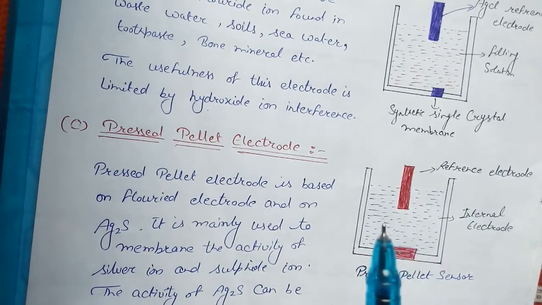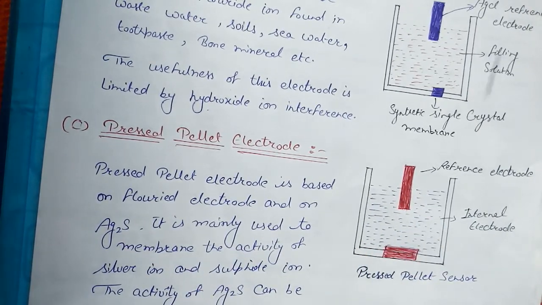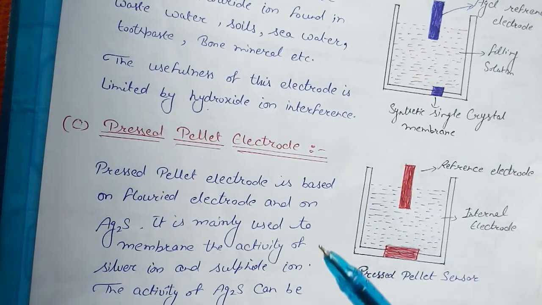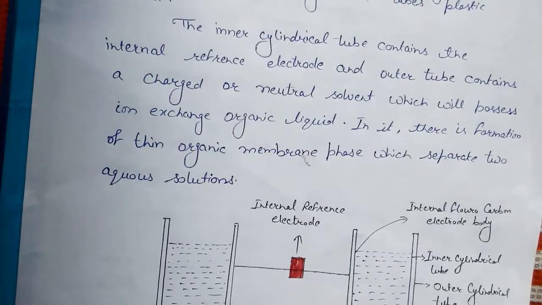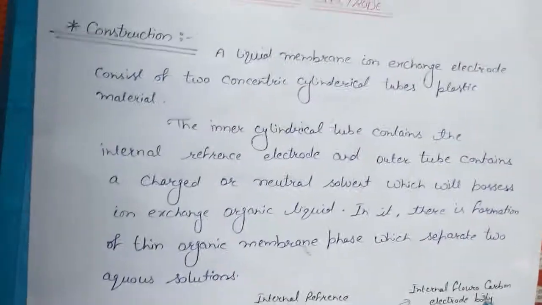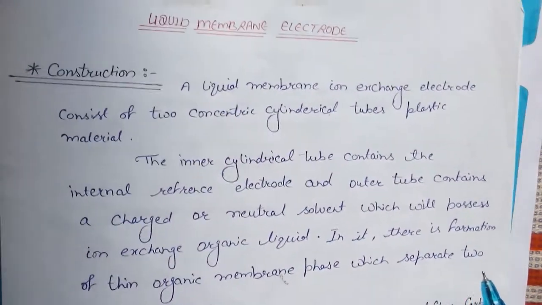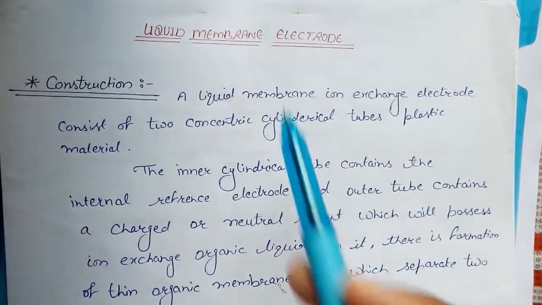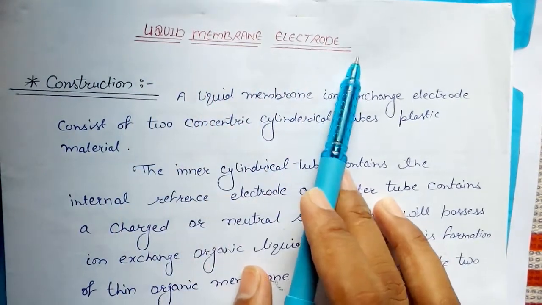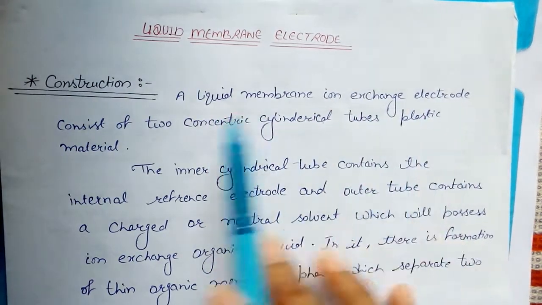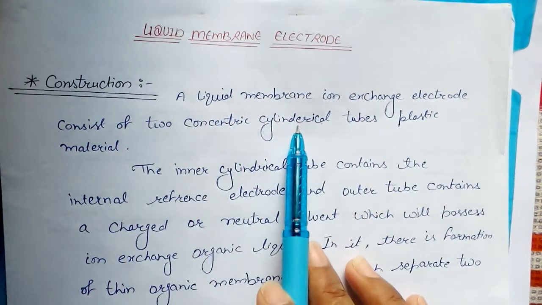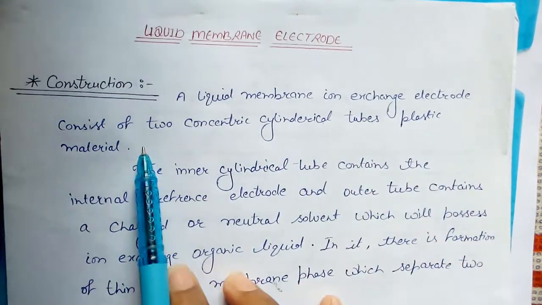The next part of ion selective electrode is the liquid membrane electrode. So what is the liquid membrane electrode? Let's discuss it. Firstly, we will discuss its construction and then working. Construction is that a liquid membrane ion exchange electrode consists of two concentric cylindrical tubes of plastic material.